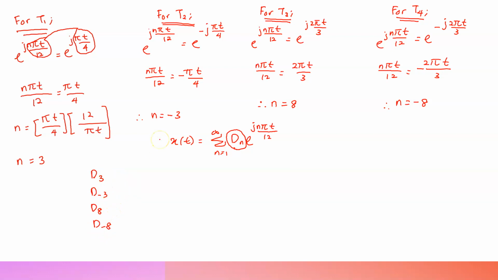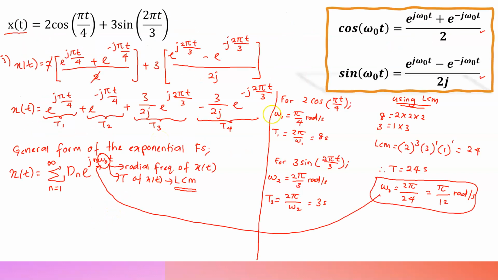If you look here, for T1, the multiplier at the front is 1. Similarly, for T2, the multiplier at the front is also 1. For T3, the multiplier is 3 over 2j. And for T4, the multiplier at the front is minus 3 over 2j.